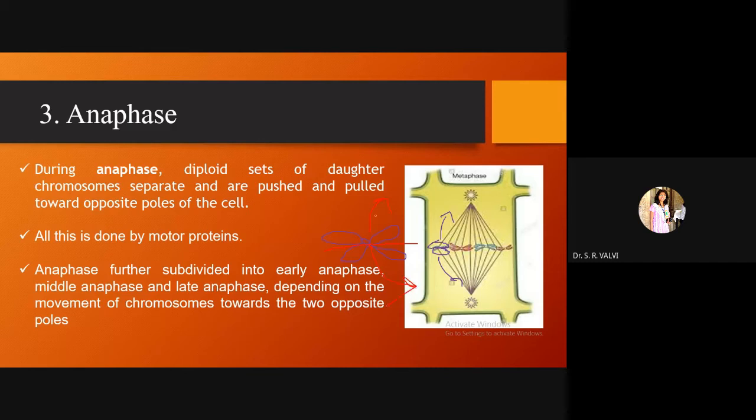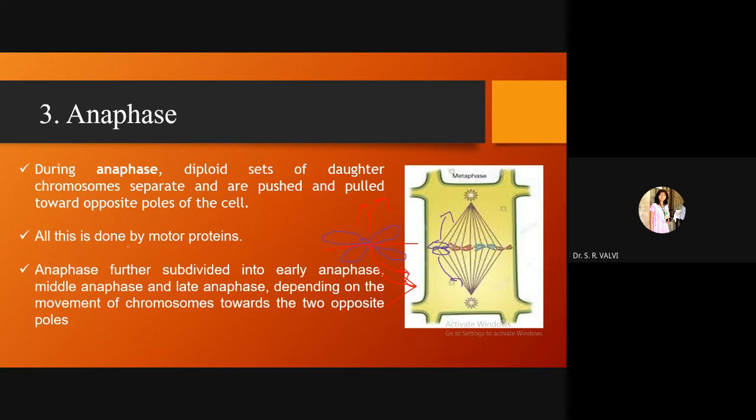So likewise during anaphase, these daughter chromosomes are separating out, pushed towards the opposite poles, pulled towards this opposite pole. So that is the main intention of anaphase, right?